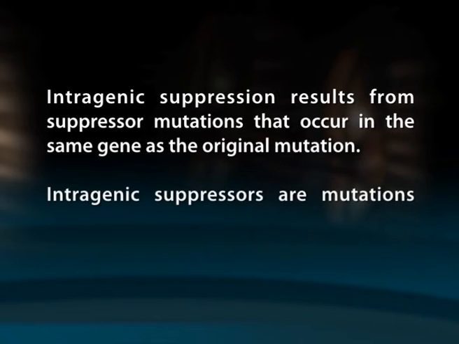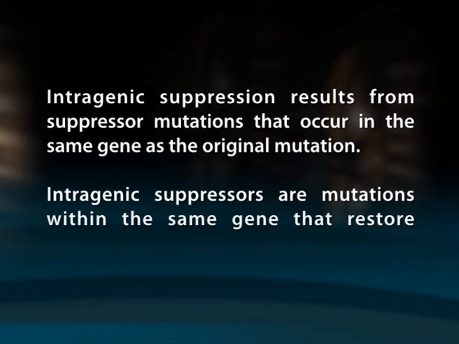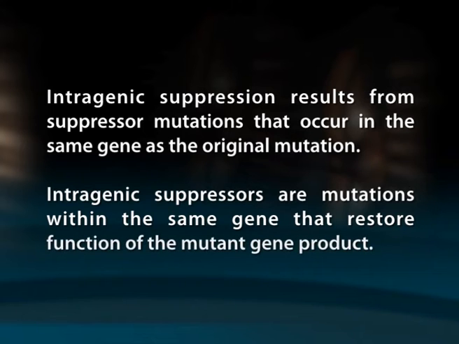Intragenic suppressors are mutations within the same gene that restore function of the mutant gene product. Intragenic suppression includes same site replacement, compensatory mutation, alteration in splicing, and reversion of dominant mutations by cis knockout.